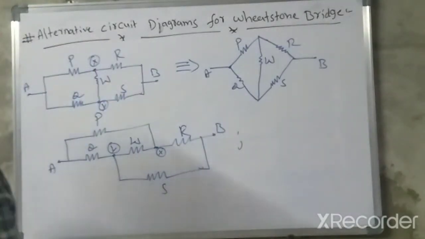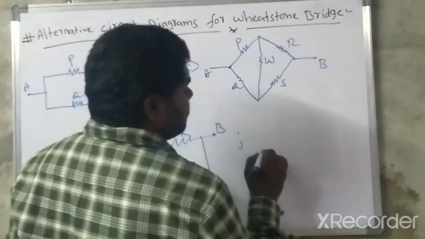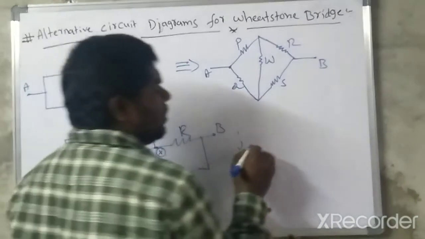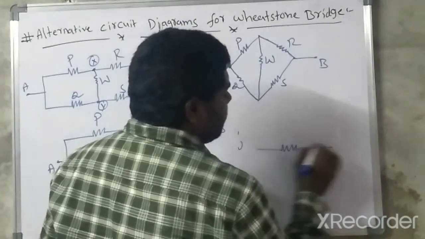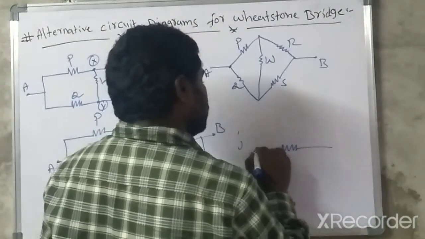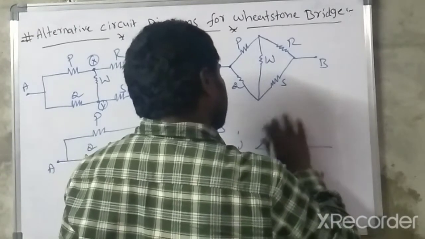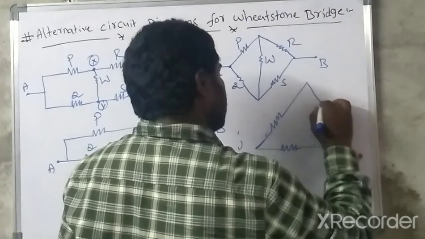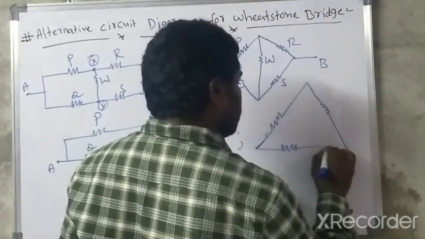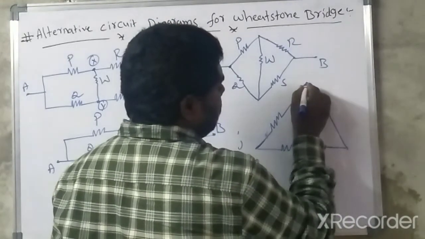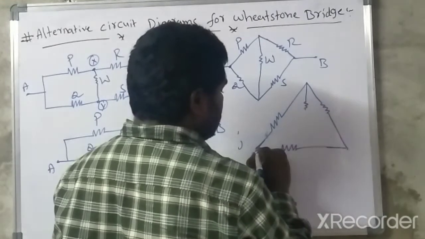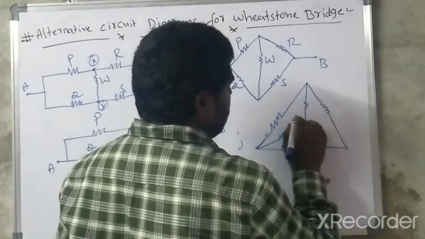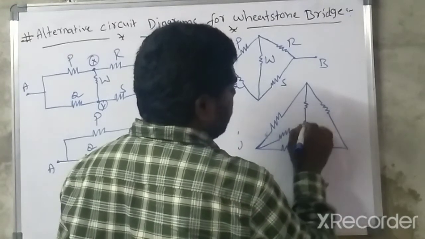I'm going to draw it. So here is the first diagram, somewhat different. Here one more resistor, and here one more resistor. Now these two are connected at one point.